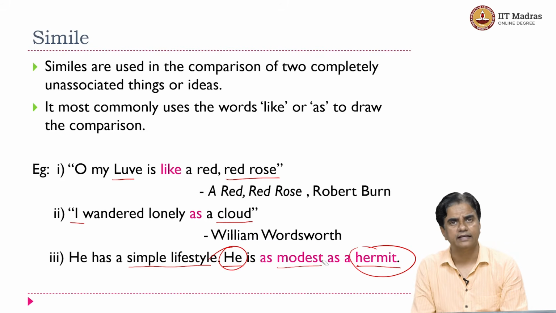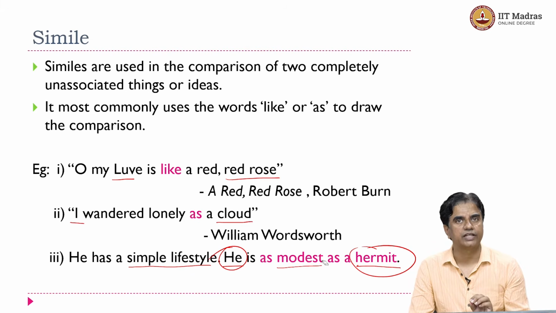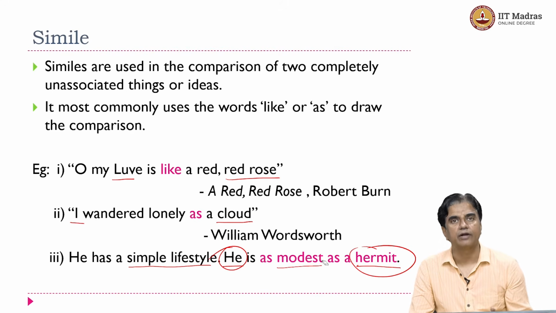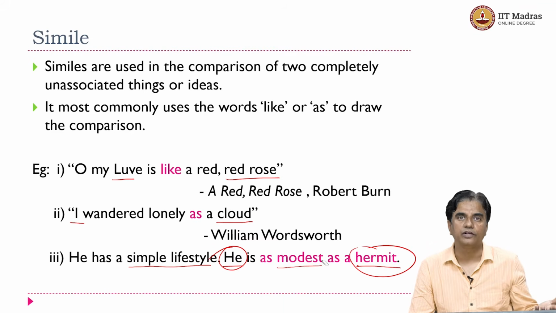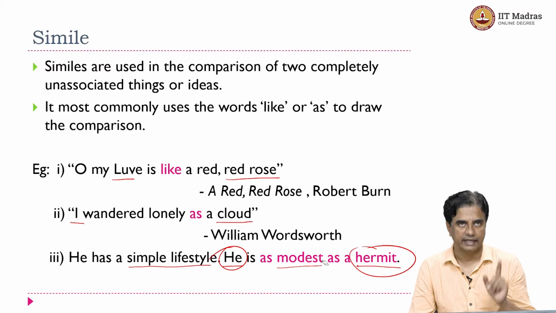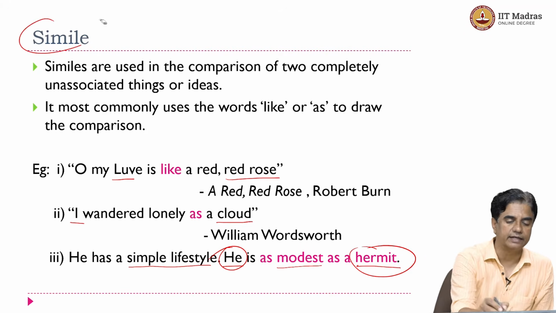We can simply say, he is very modest. Over. But that sentence is not as impactful as this one: He is as modest as a hermit. So it's an effort to create the picture of a hermit and therefore personify the modesty of a hermit in the form of an individual we want to create. It's also an indirect way of complimenting. And the name of this device is called simile.